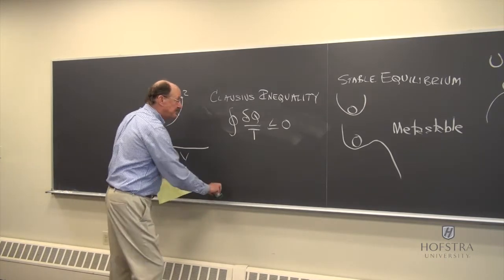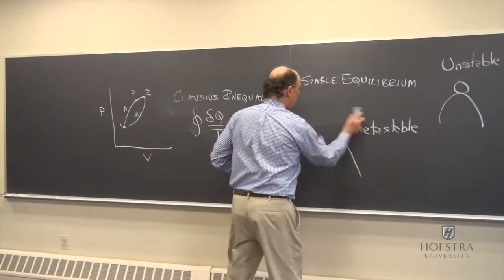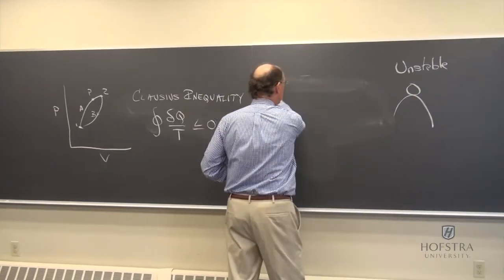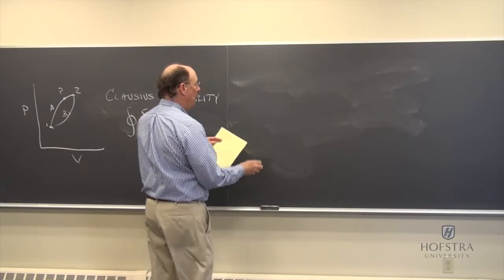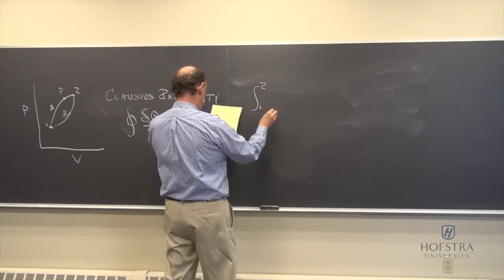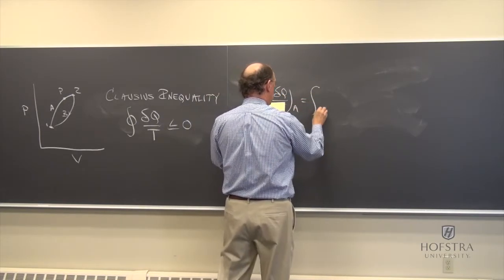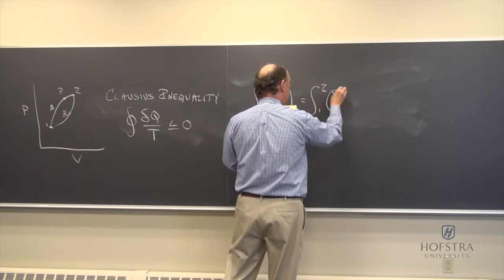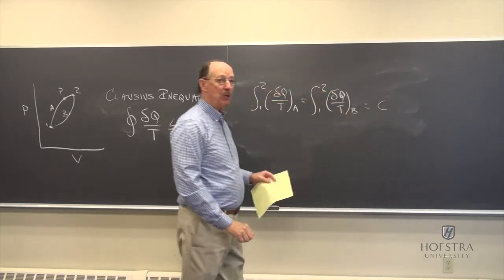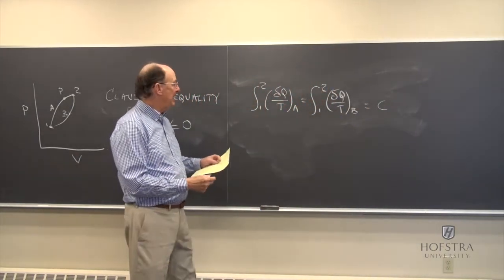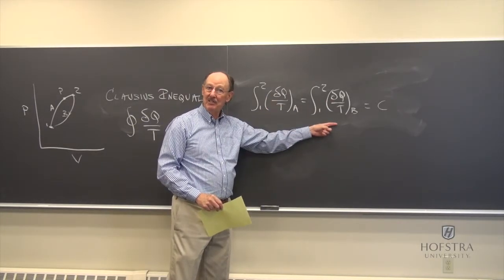If I apply the inequality to these paths, we end up with the integral from 1 to 2 of del Q over T along path A is equal to the same del Q over T along path B, which is equal to a constant. This indicates to us that del Q over T does not depend on the path, and that's the definition of a property.